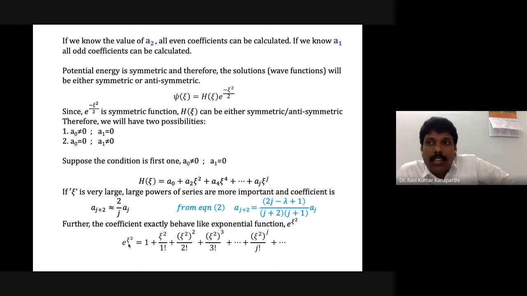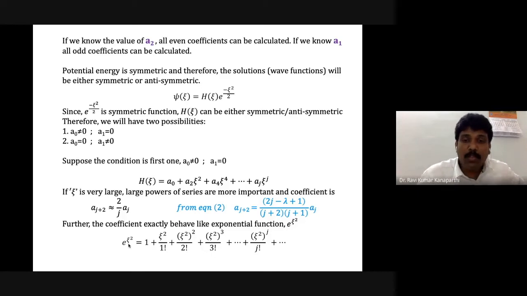In the same manner, here I don't have x, but instead of x I have z square. That's the only thing. Therefore, the exponential function e to the power z square can be written as 1 plus z square by 1 factorial plus z square to the power 2 by 2 factorial and so on. You can write all the terms over there.